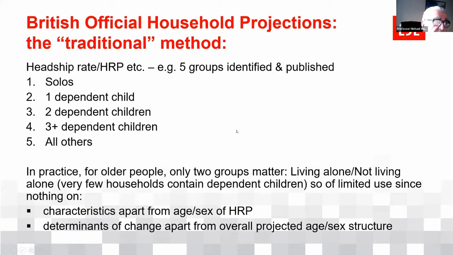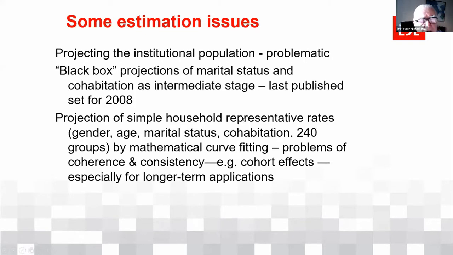So it's very limited in what's available. And what's perhaps slightly strange is that the detail that is published has actually been reduced substantially in recent years. In the past, they used to have much more detail about the characteristics of the households, but now it's down simply to this binary measure between living alone or not living alone.